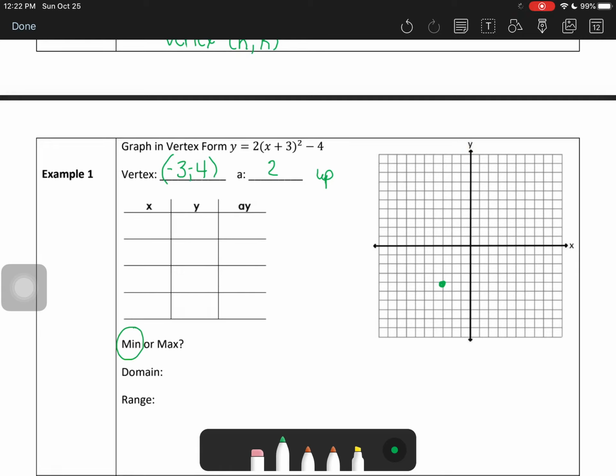If you remember, when we graph with the parent function, our parent function is y equals x squared. So we square each of these values. And then since our a value is 2, we're going to multiply our y column by 2. We are going to cross out that y column because what we have done is we have stretched our parabola.